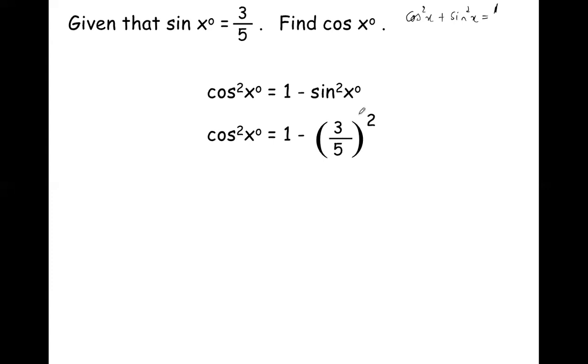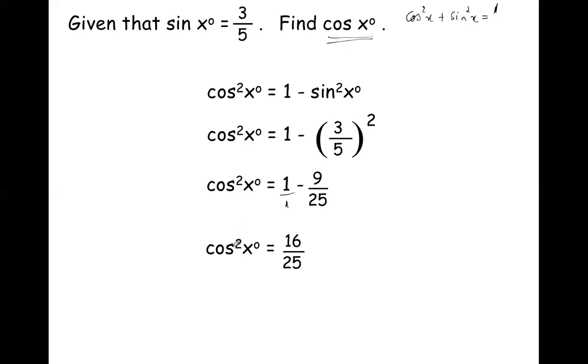Remember when you square a fraction, you need to square the numerator and the denominator. So you get 1 minus 9/25. So this is 1/1, and you do cross multiply: 25 minus 9 is 16, so 16/25 is our answer. The question was find cos x, not cos square x.